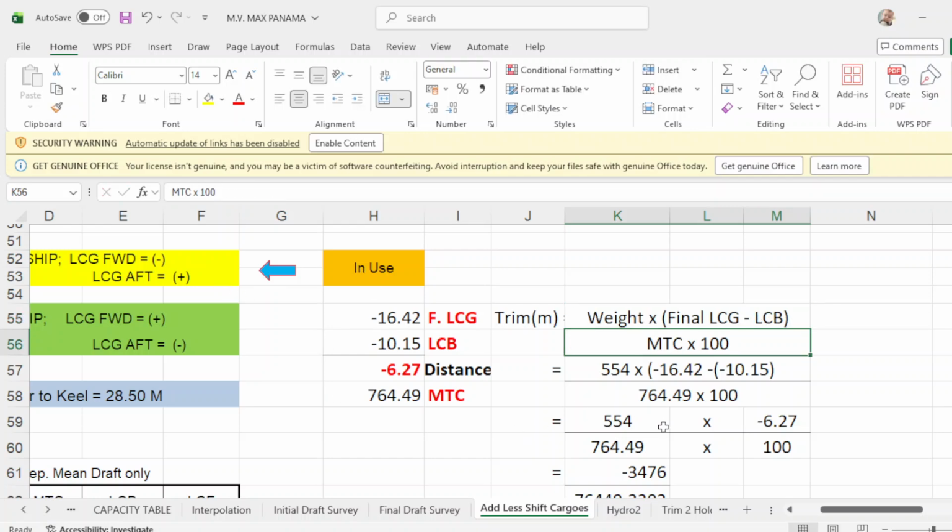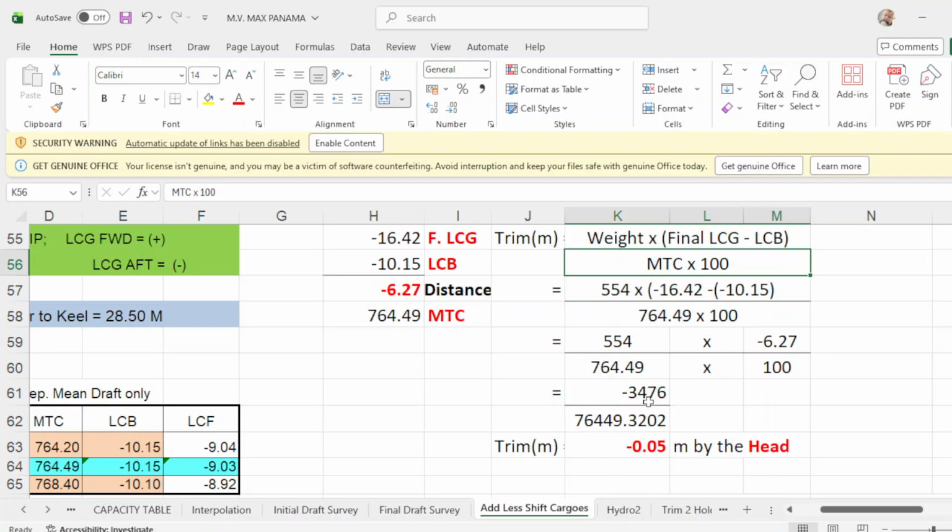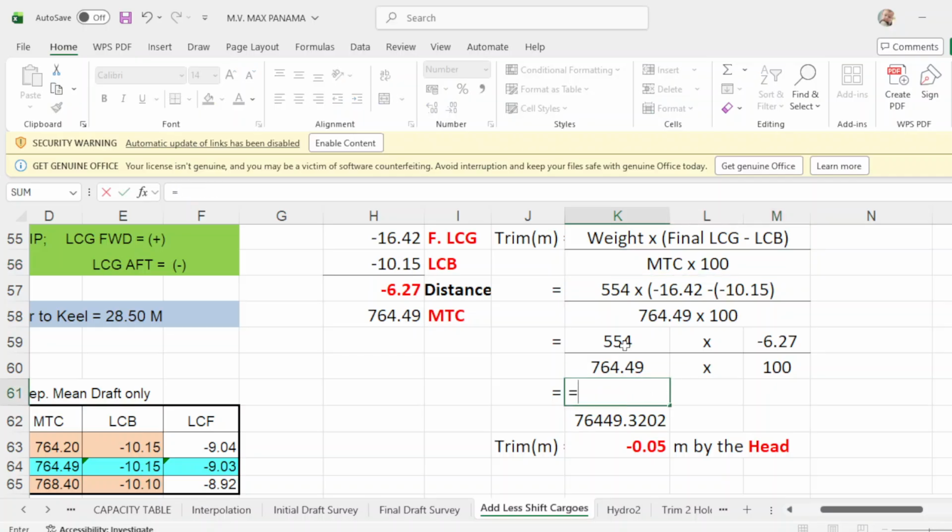So weight, that will be 554 times your distance of negative 627 over your MTC times 100. Multiply this one, okay.